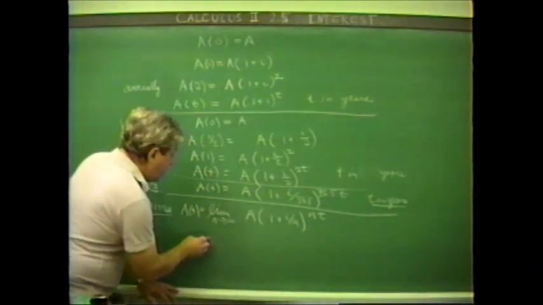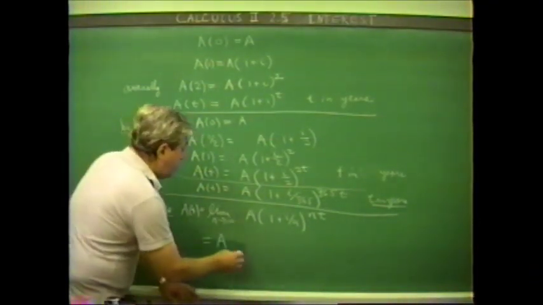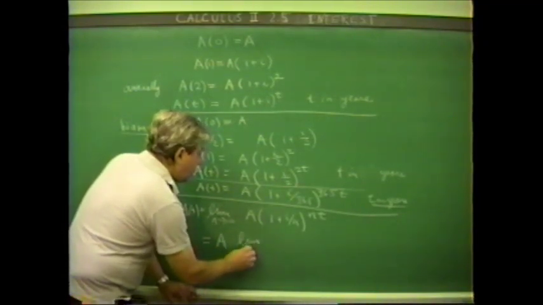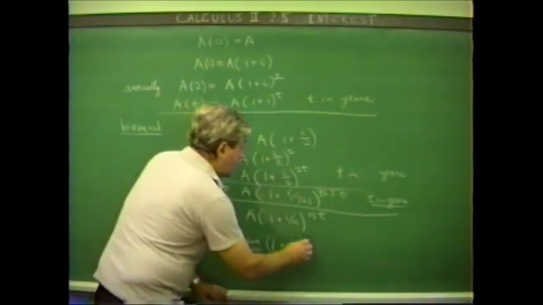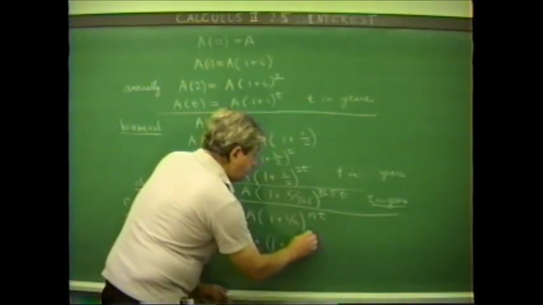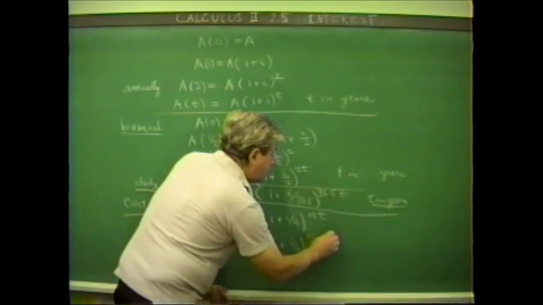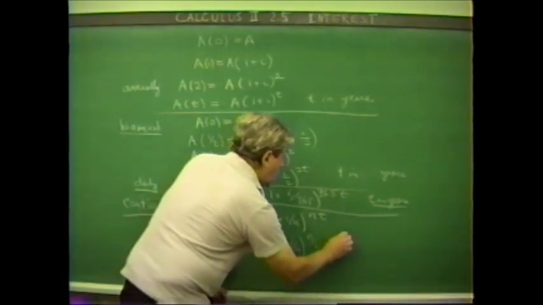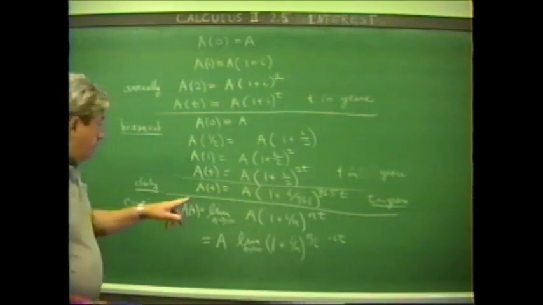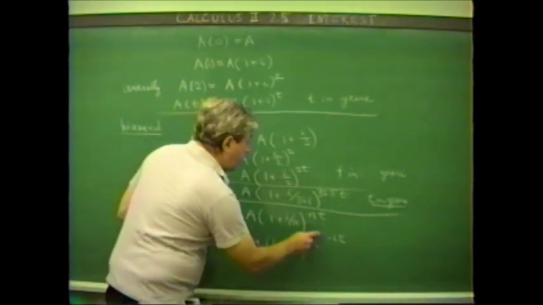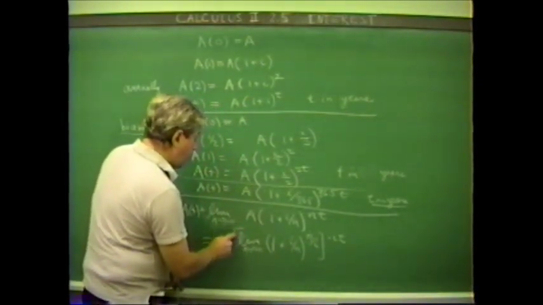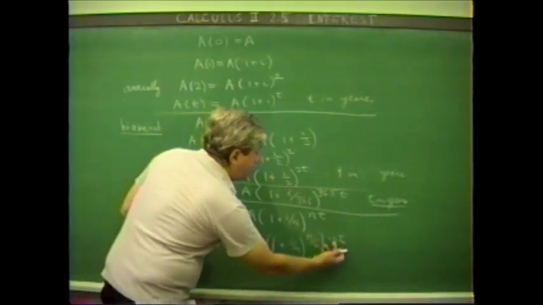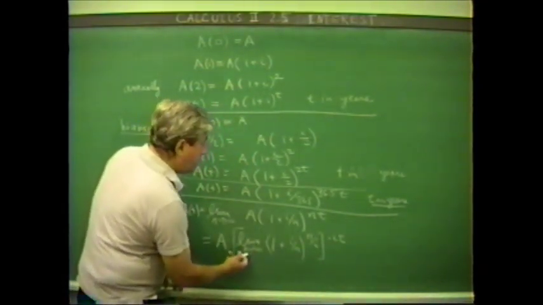All right, what is this? Well, the A can come out of the limit. That's the additional amount that's put in here. And now we want the limit as n approaches infinity of 1 plus i over n to the, now I'm going to change this here, I'm going to write to the n over i, and then to the power i times t. Now what I want to do is put the whole thing in parentheses, because I'm raising this to a power it as a continuous function, so the limit can be brought inside here.